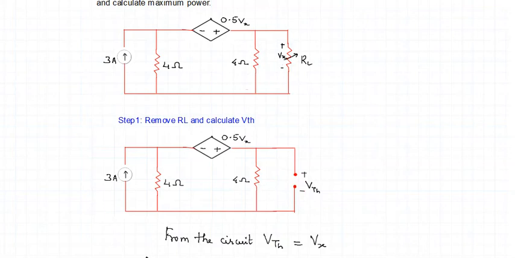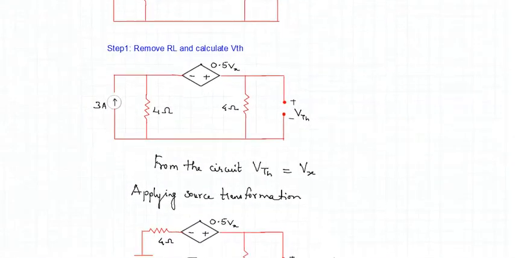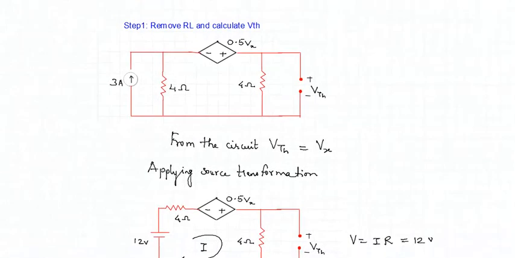To simplify this circuit, we are now going to apply source transformation. Source transformation is applied to these two elements of the network. We observe there is a current source in parallel with a resistance.